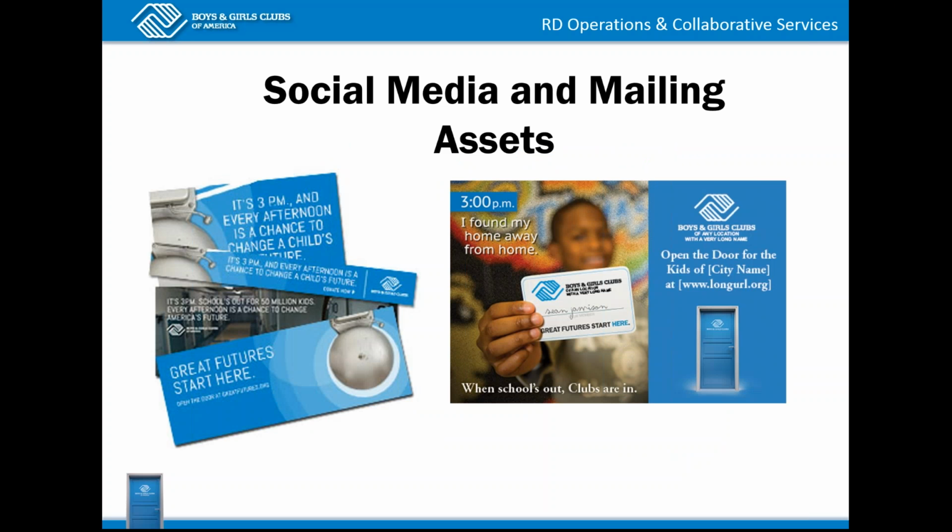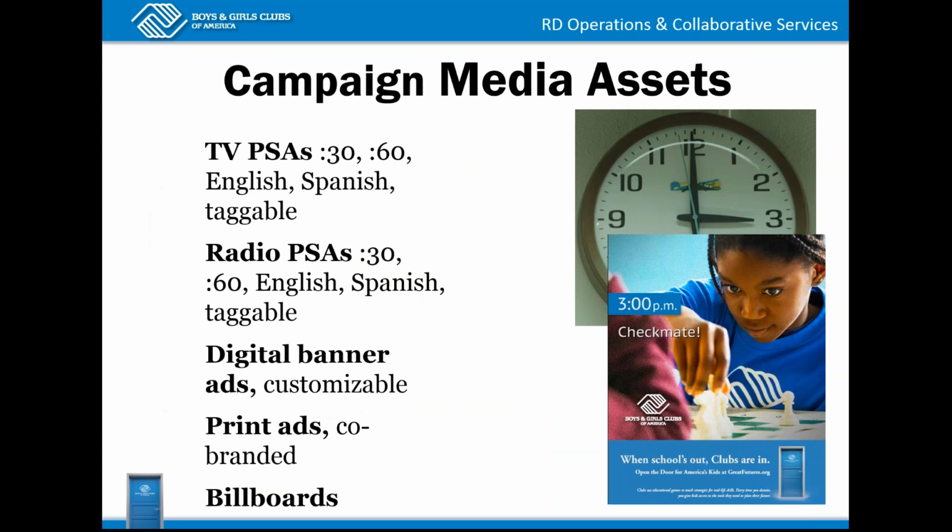These include public service announcements, which, if you haven't watched any of the PSAs for the campaign, you should. They're really fantastic. And they're taggable. So that means that if a TV station agrees to run your PSA for you, they can add your tagline and your name at the end. And one important thing to mention about PSAs: TV and radio stations need to run public service announcements as part of their agreement with the FCC.